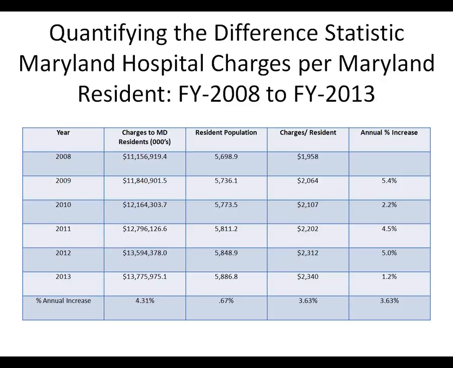This schedule calculates the annual percent increase in the all-payer statistic and shows, somewhat surprisingly, that over the last 5 years, this growth rate has averaged 3.63%, with 2013 being somewhat of an outlier. In that year the growth rate was only 1.2%. Now, that's the first component of the difference statistic.